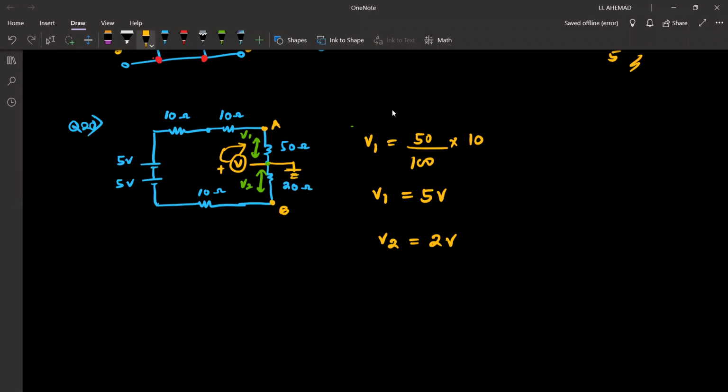Now, there's a small problem. The problem is we are measuring the voltage with a voltmeter. This voltmeter has terminals, a positive terminal and a negative terminal. So just look at the question, okay?